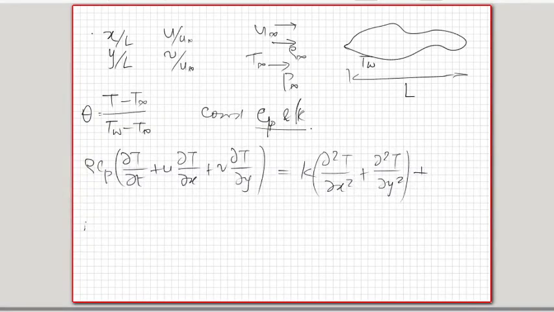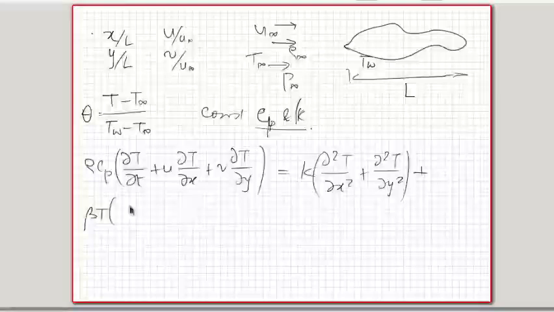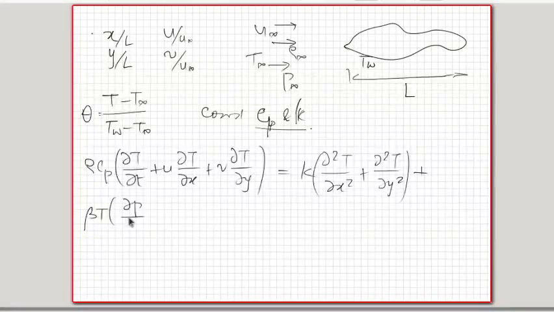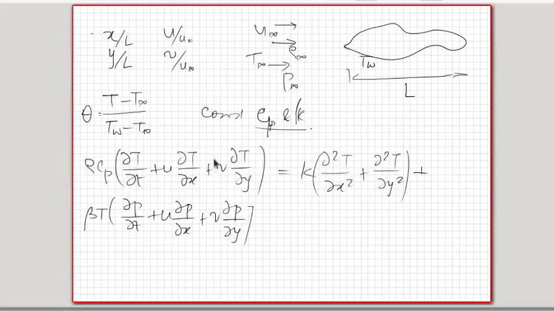So with that I get this plus beta T multiplied by del P by del t plus U del P by del X plus V del P by del Y. So this is dP by dt, and this is dT by dt.